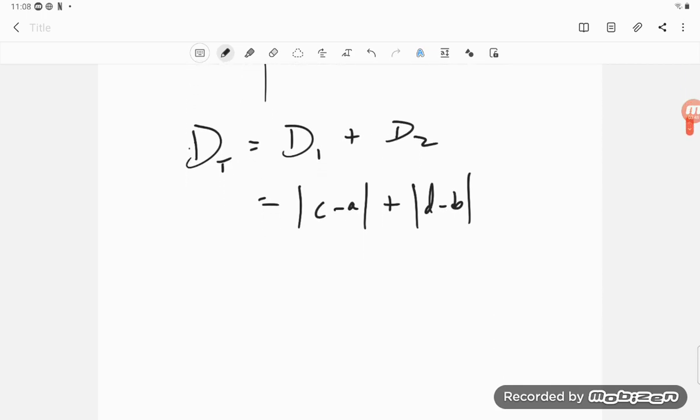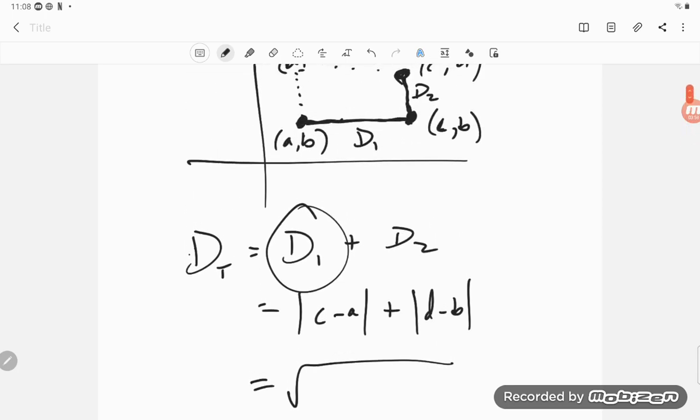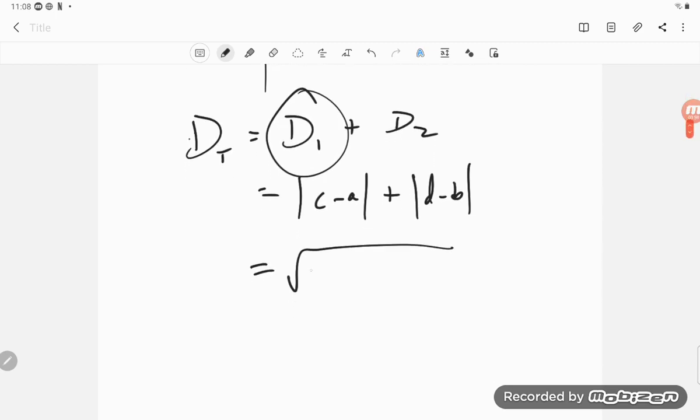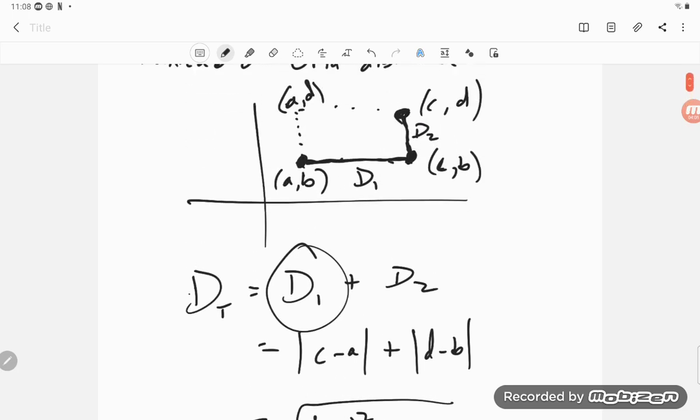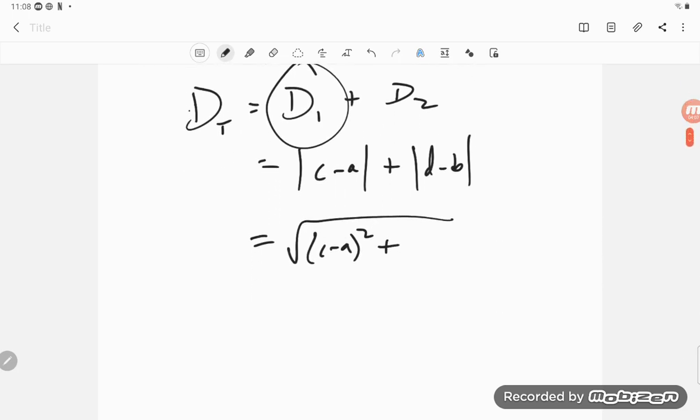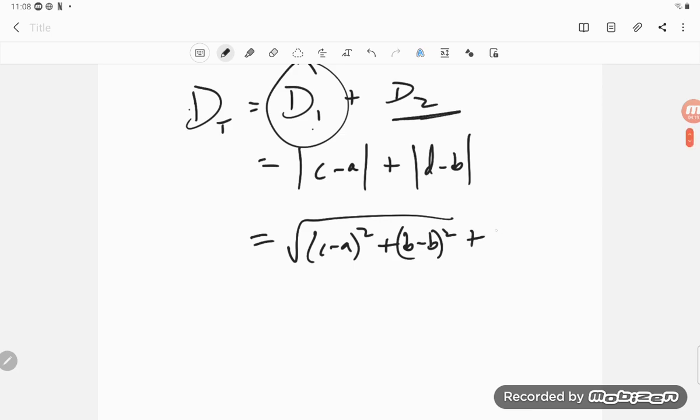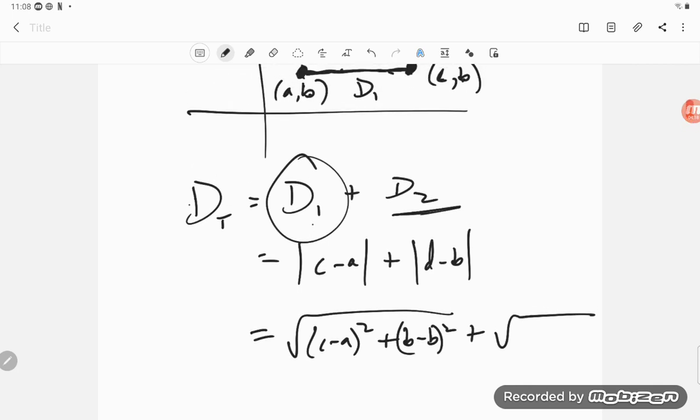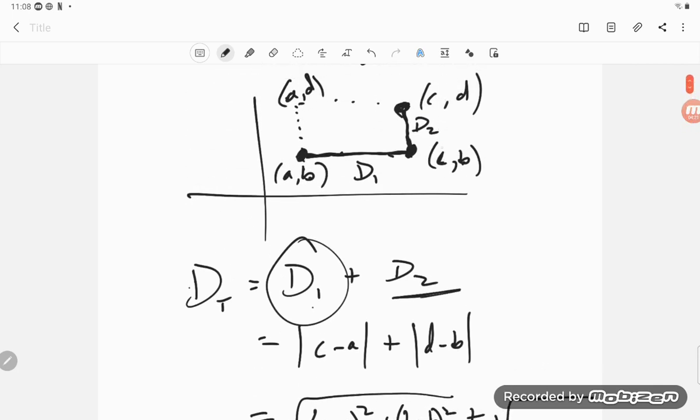Now that we see the answer, I'm going to actually use Euclidean distance to find D1. Okay, so D1, that Euclidean distance, I take the difference of the x's squared, so that's C minus A squared, plus the difference of the y's, B minus B squared. Now that's D1. Now I want to do D2 plus the square root, and D2, C minus C is what I have there.